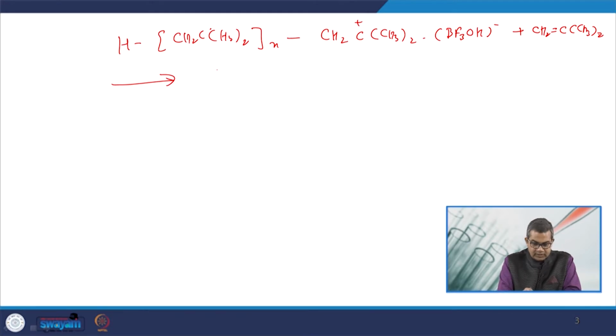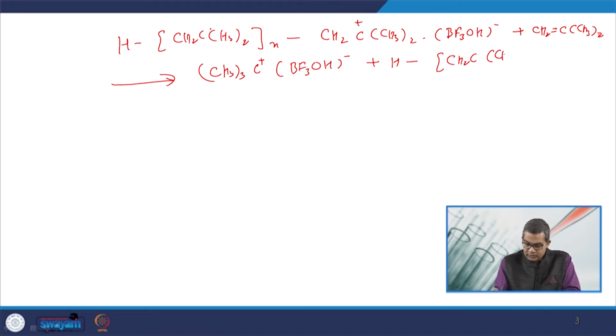This may give CH3 C+ BF3OH negatively charged, plus H bonded with the CH2, CH3, CH2, plus H, CH2, C, (CH3)2.